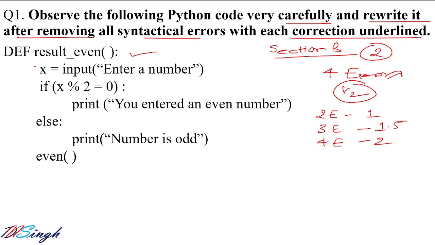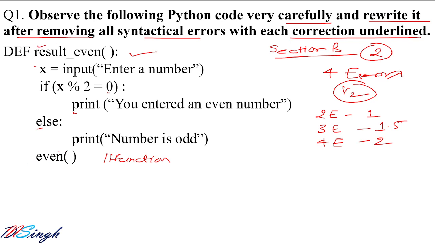Next we see in this condition itself, a single equal to is there, which is the sign of assignment in Python, but we are comparing here. So another error is here. This line is perfect, else is also okay, but here you see this is the function call. In this function call, the function name should be as declared in the function header, but the name is different.